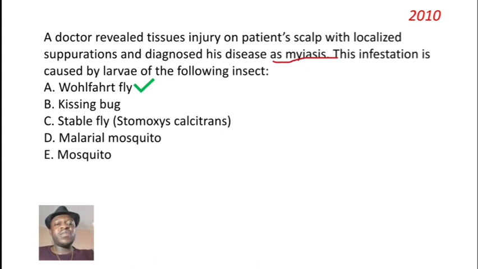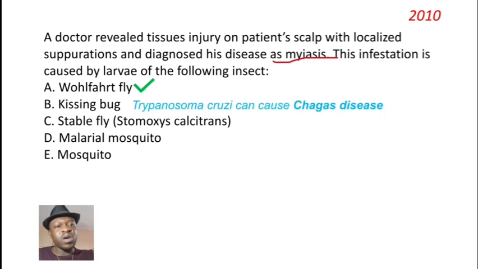Kissing bugs, also known as assassin bugs, transmit Trypanosoma cruzi, which is responsible for Chagas disease. Stable flies, common house flies, don't eat tissues like the larva of the fly. Malaria mosquito and mosquito are wrong. So the fly is the correct answer here.